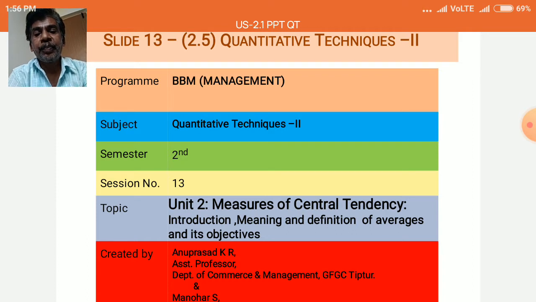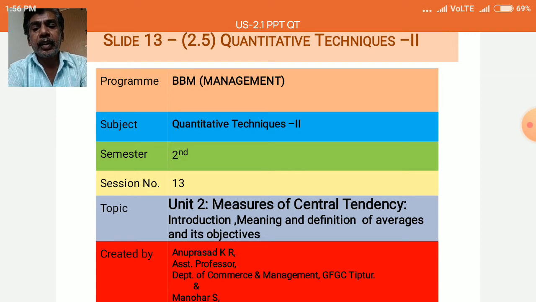Therefore, in order to reduce the complexity of the data and to make them comparable, it is necessary that the various phenomena which are being compared are reduced to a single figure.